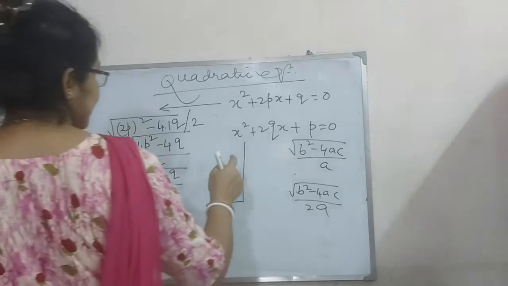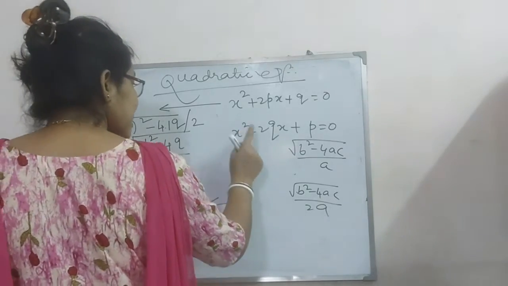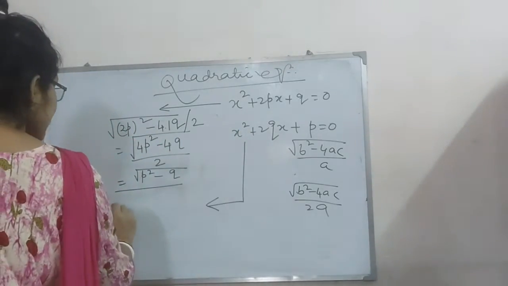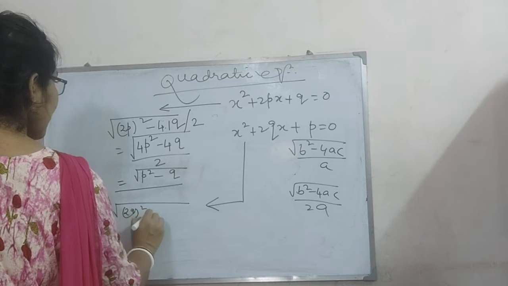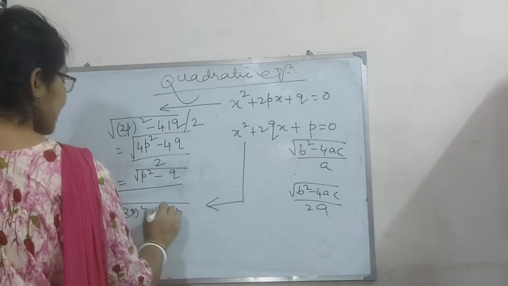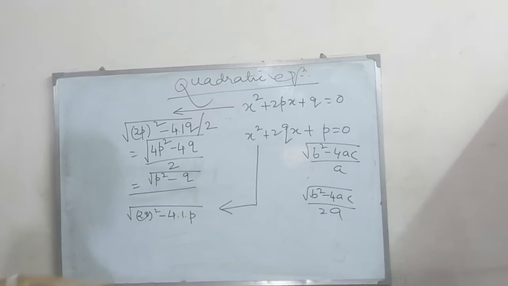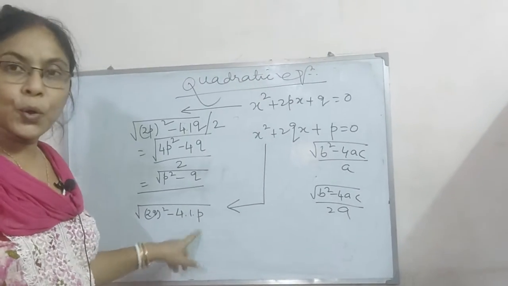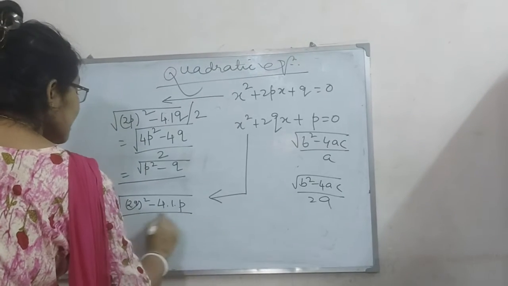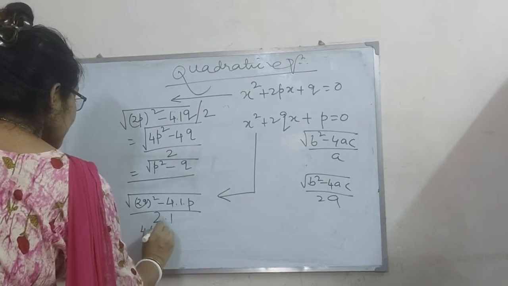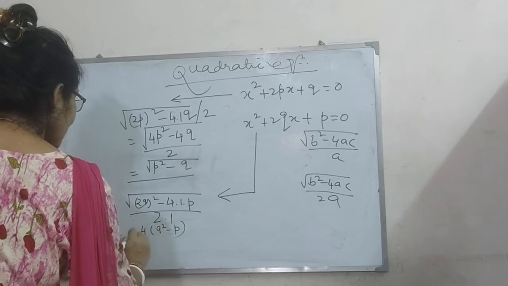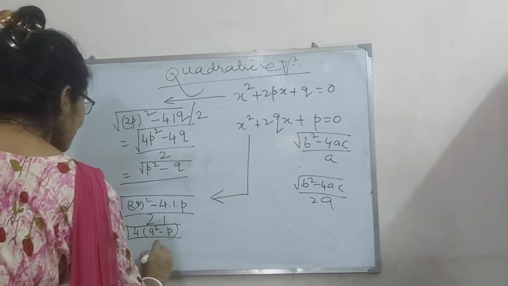We will get the difference of two roots from this equation: b square, what is b? 2q, that means 2q whole square minus 4 into 1 into p, because a equal to 1 and c equal to p, by 2a. This is 4 q square minus p root over by 2.